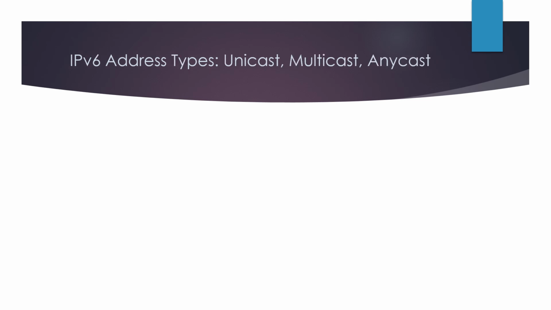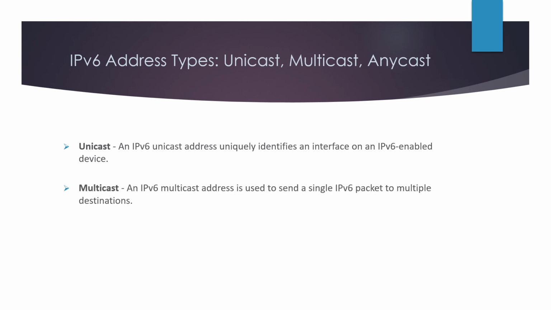Same as the IPv4 network, there are different types of IPv6 addresses. In fact, there are three broad categories of IPv6 address. We have the Unicast IPv6 address, which uniquely identifies an interface of an IPv6 enabled device. We have the Multicast IPv6 address, which is used to send a single IPv6 packet to multiple destinations.